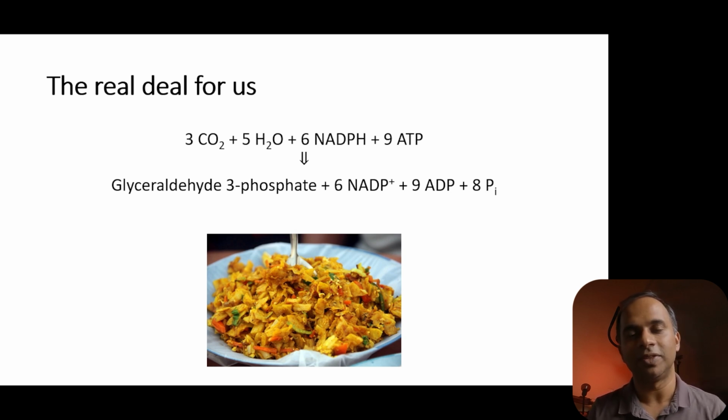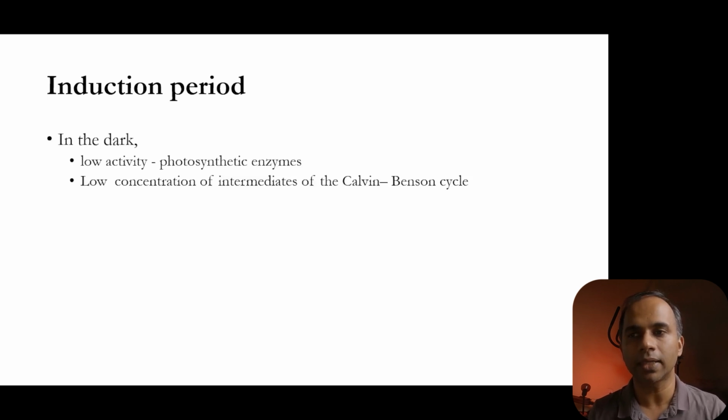Okay, so if you think about the carbon reaction, there is an induction period. In the dark condition, our photosynthetic enzymes have a low activity. There's a very small amount, not zero, because otherwise you can't start.